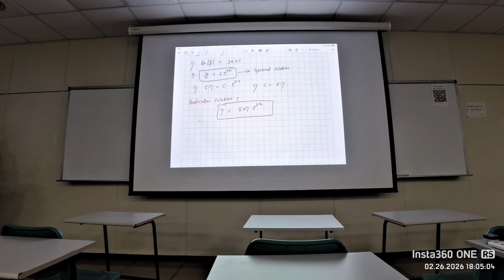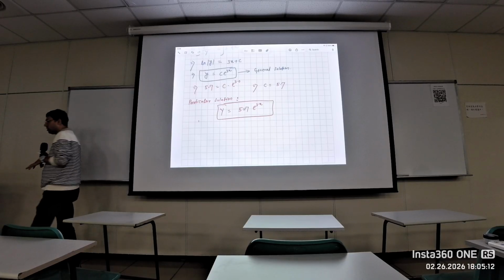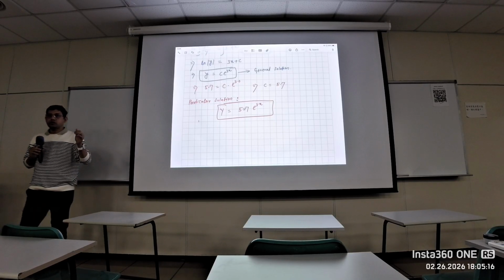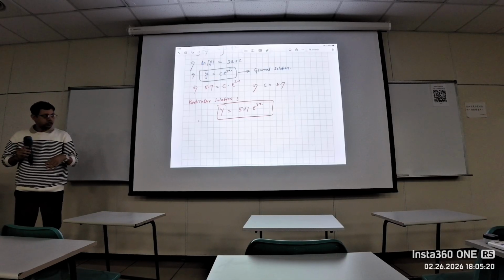So we saw some examples for the general solution and for the particular solution. For the timing, skipping the boundary value because we will come to the boundary value in a later part of the course.